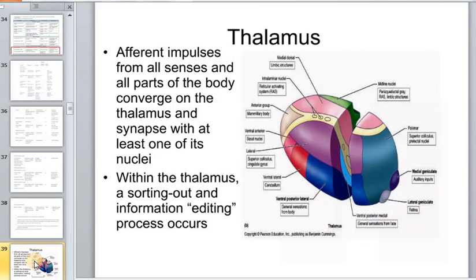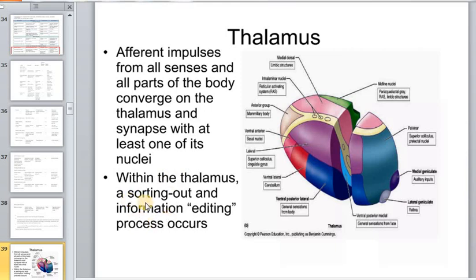So, thalamus. Let's summarize all functions of the thalamus. What we know: afferent impulses from all senses and all parts of the body converge on the thalamus and synapse with at least one of these nuclei.